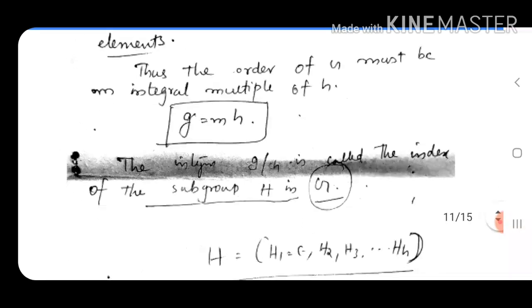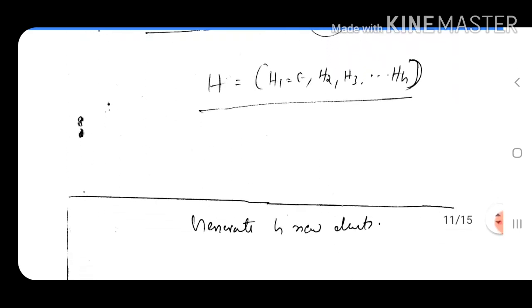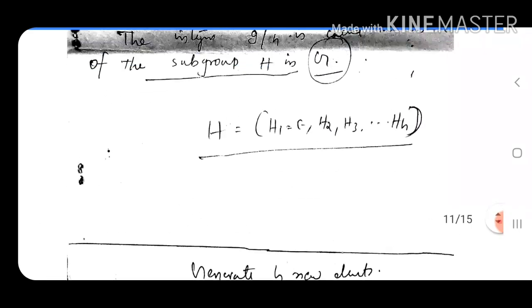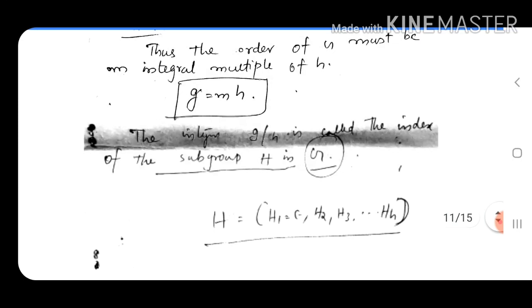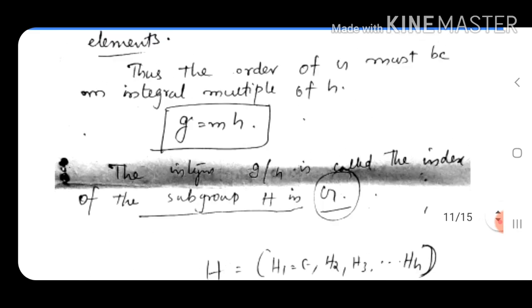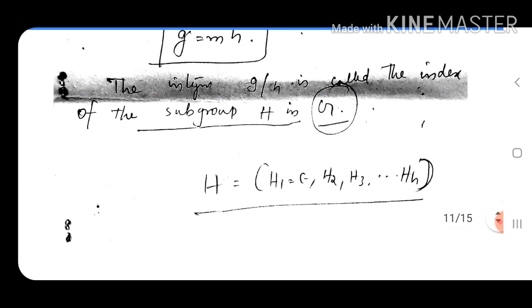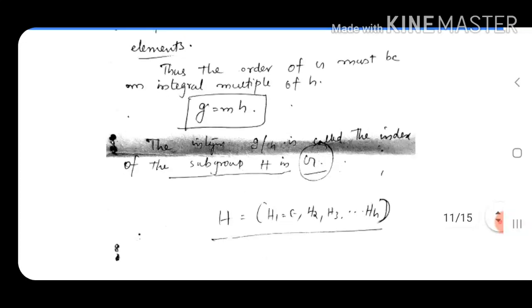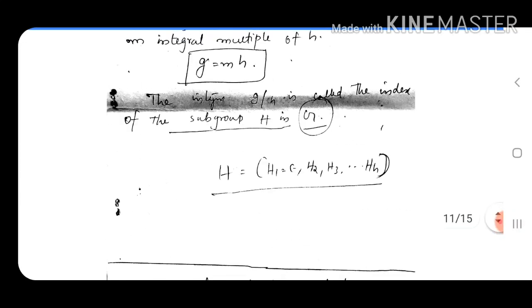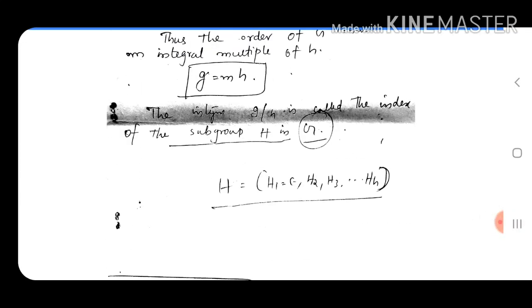This is called the index of the subgroup H in G. Small g by h is called the index, and it is this integral multiple m. So this is called the index of the subgroup H in G. This is an important theorem with regard to groups.